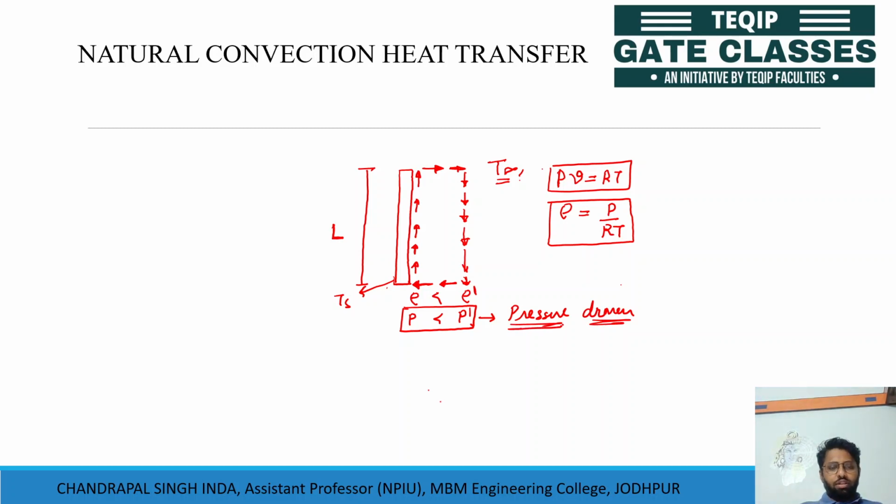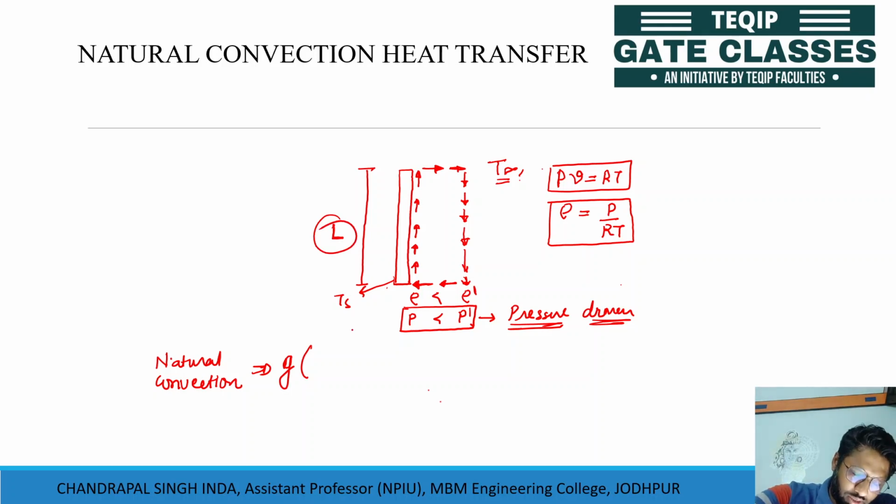Let's have the physical quantities present in the system. Considering that G is a function representing the natural convection system, here we have velocity, temperature of the fluid, and this is a case of convection.